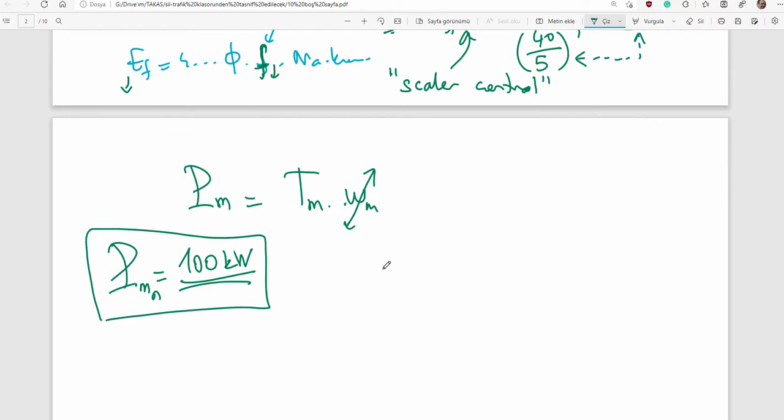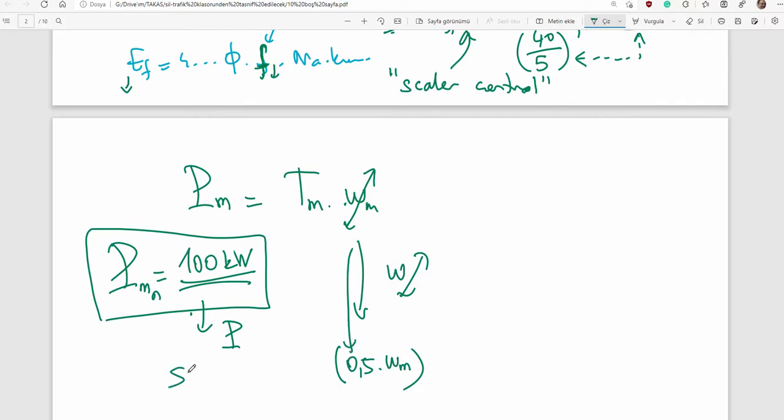But since you changed speed, mechanical output power will be changed. For example, if you substitute 0.5, 50% of its rated mechanical output speed, rated output will be 50 kilowatts at most. It is directly proportional. You spend too much money, but you got only 50% output.